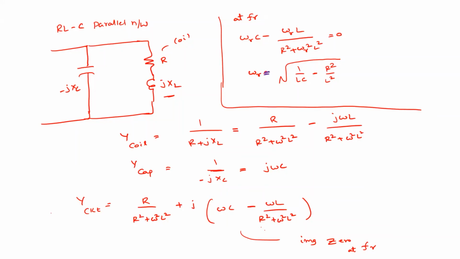So this is simple, right? If you equate this one, you will get omega R square L square, which is equal to L by C minus R square. So you will get this expression, right? If you multiply, you will get this one.